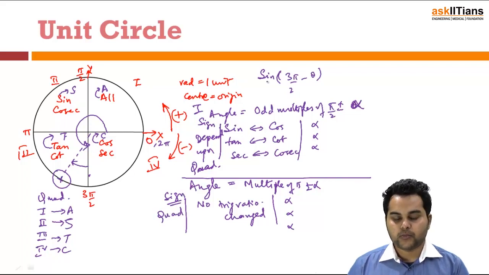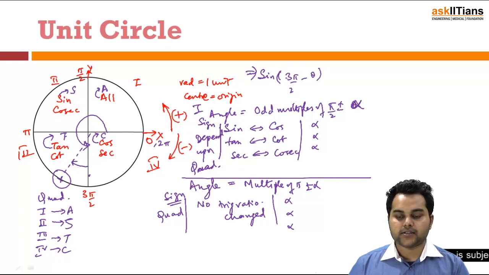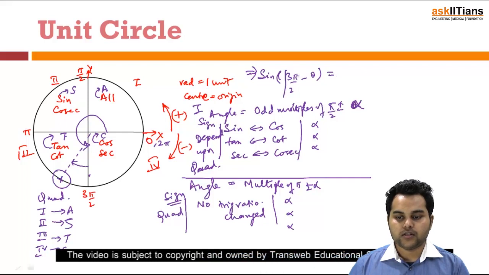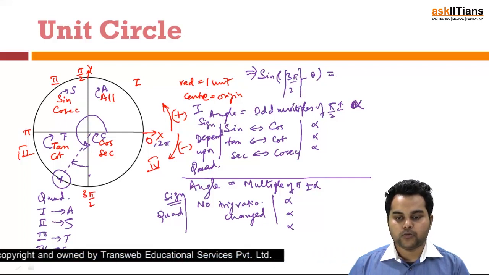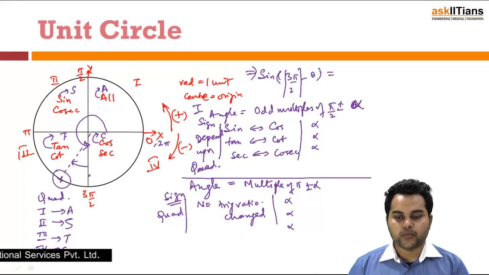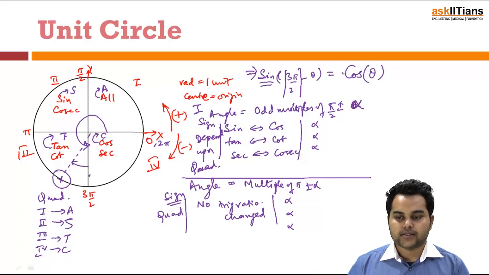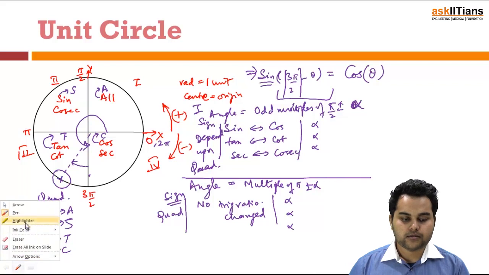I'll give you an example. I was working on sine of 3 pi by 2 minus theta. Now 3 pi by 2 is an odd multiple of pi by 2. So I will apply the first rule, that will give me sine changed to cos, and the angle would be theta, and the sign that I will have is in the third quadrant, as 3 pi by 2 minus theta would be lying in the third quadrant itself.